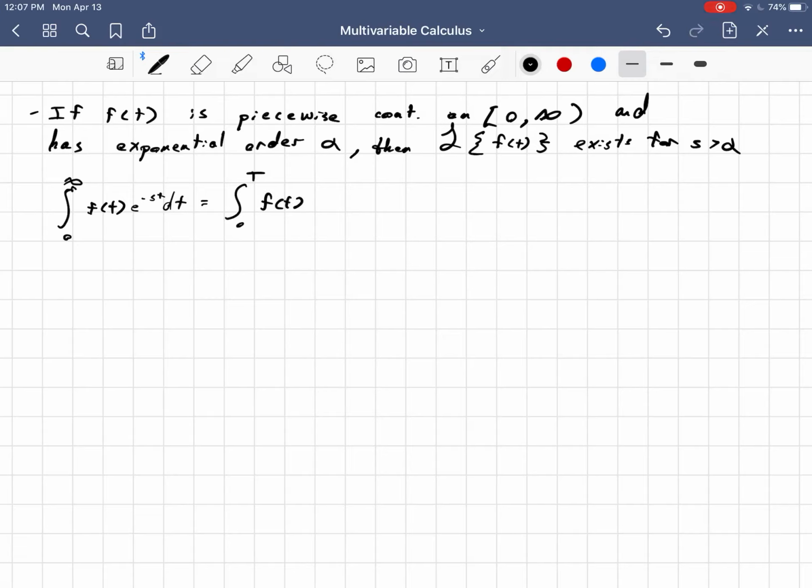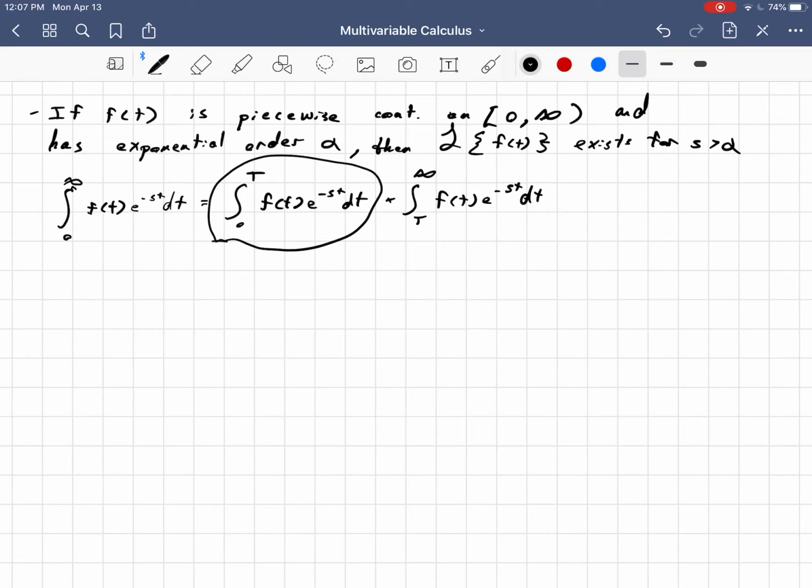I can split this integral into two parts and partition it at, say, a value t. So we still have the same thing that we're integrating, and now this goes from t to infinity. What we have to show is that each one of these integrals doesn't diverge, and then that would mean that the Laplace transform of f of t exists.